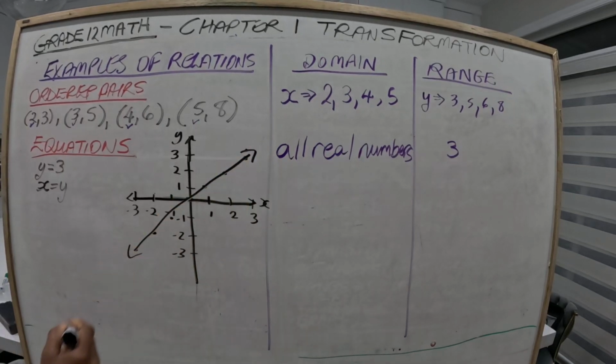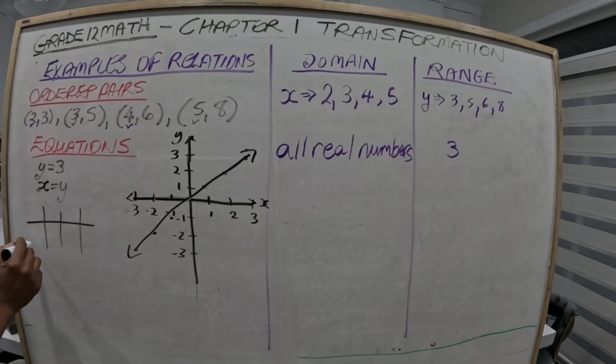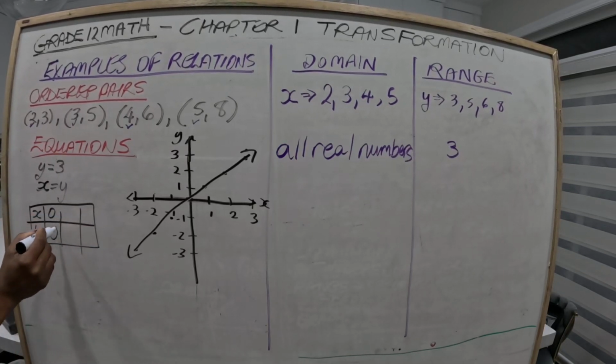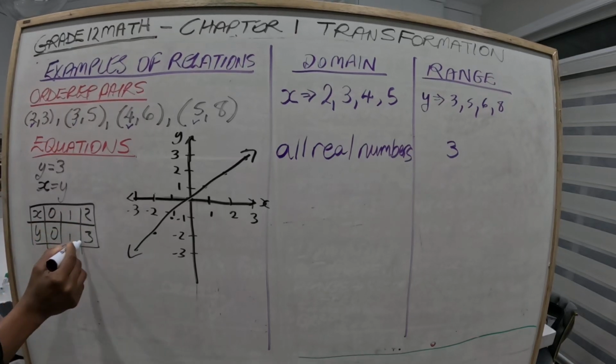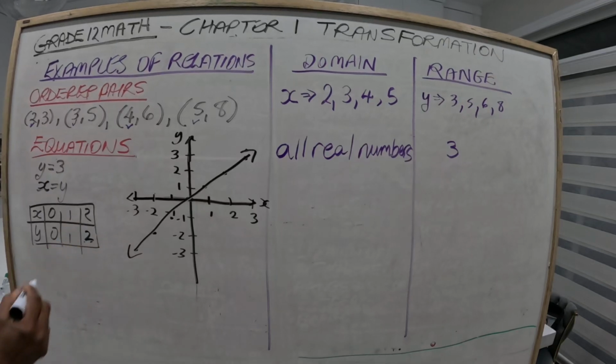And it will continue. There'll be no stopping. And in a table, you can start at 0, 0, 1, 1, 2, 2, 3, 3.